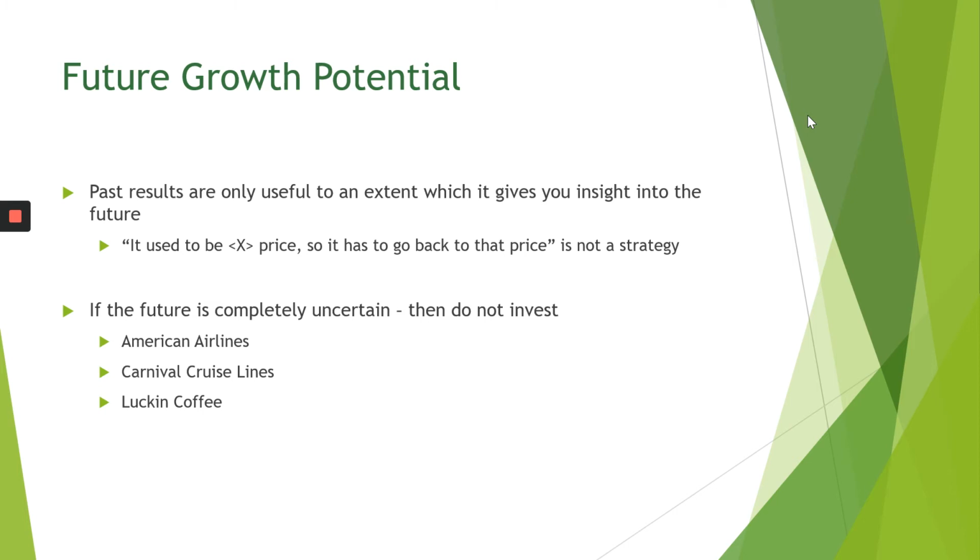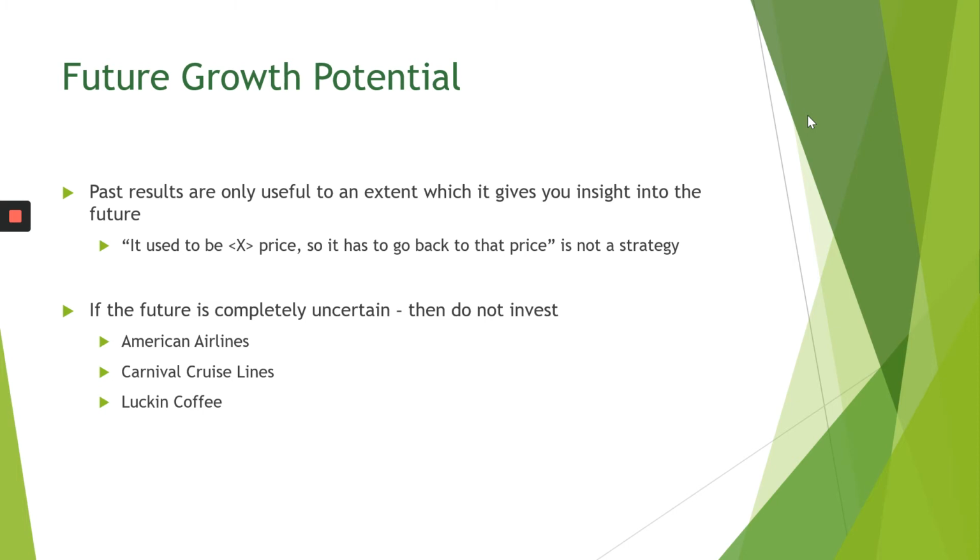And what happened after this 83% drop? Everyone was flooding in. People couldn't wait to buy Luckin Coffee. They thought they were getting an absolute bargain because the price used to be $50 a share and now it's $7. Everyone's going crazy. But the fact is that $50 a share was because of results that weren't real.